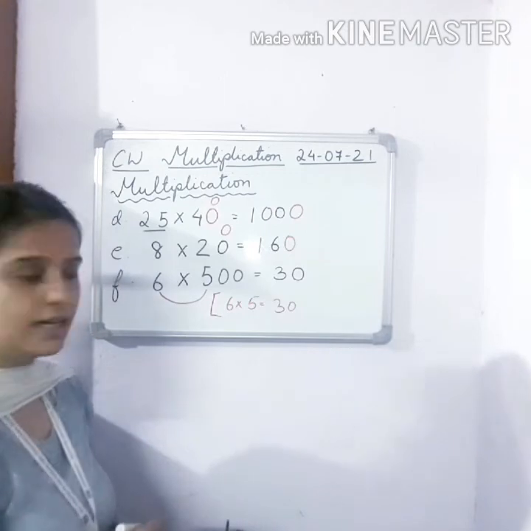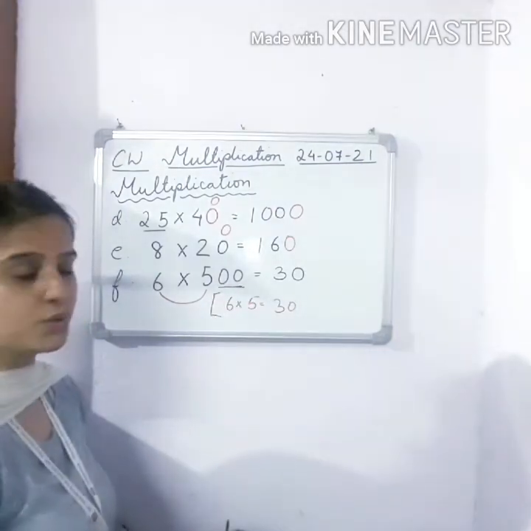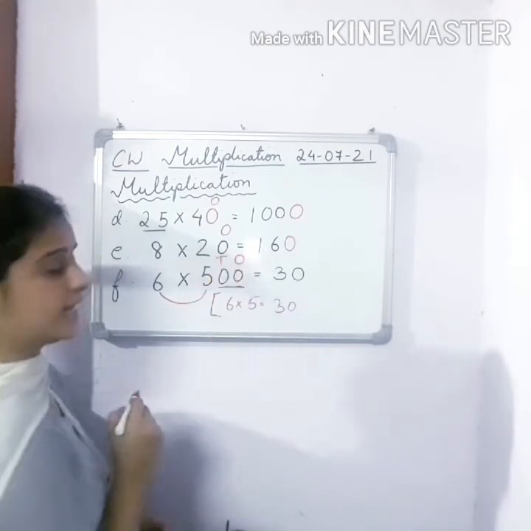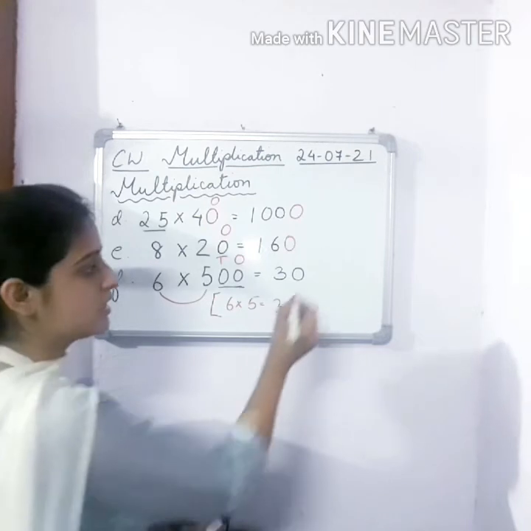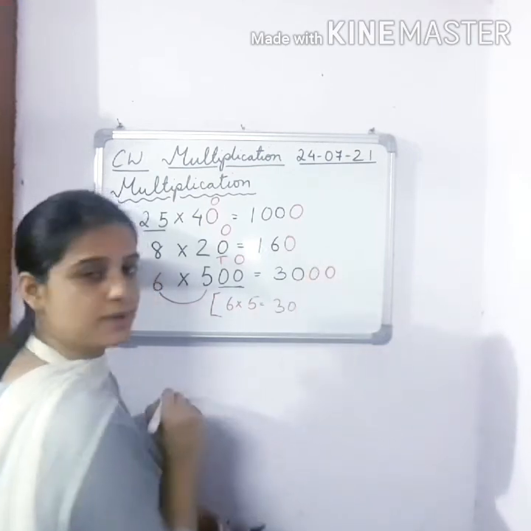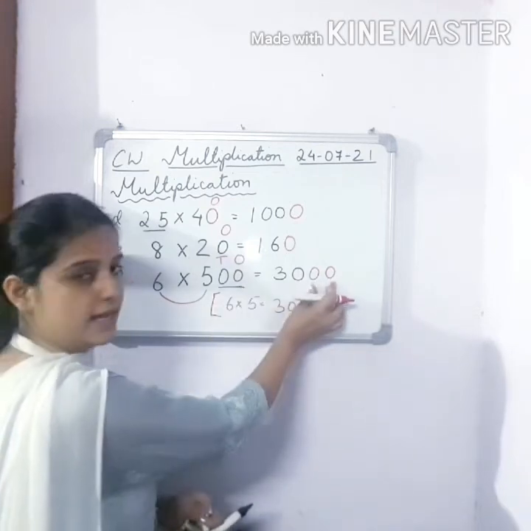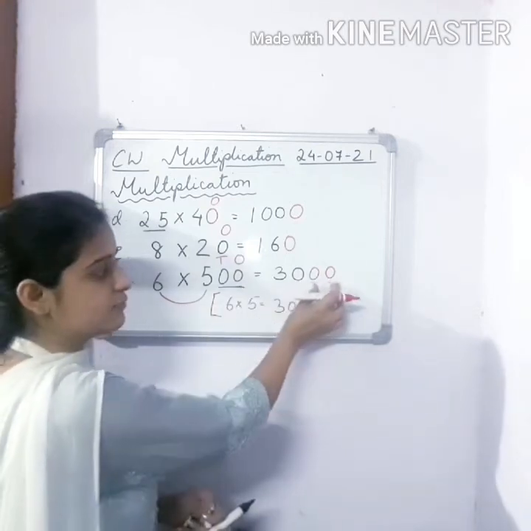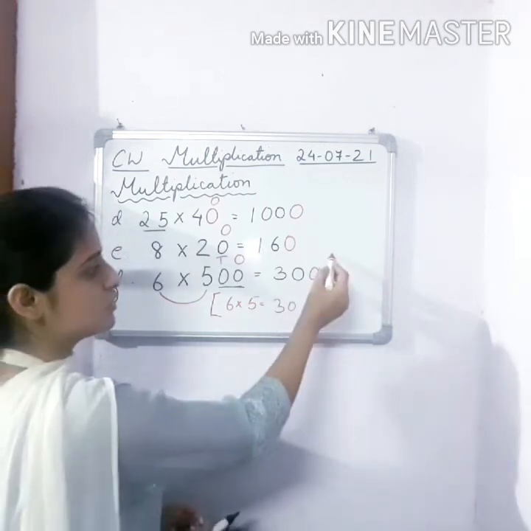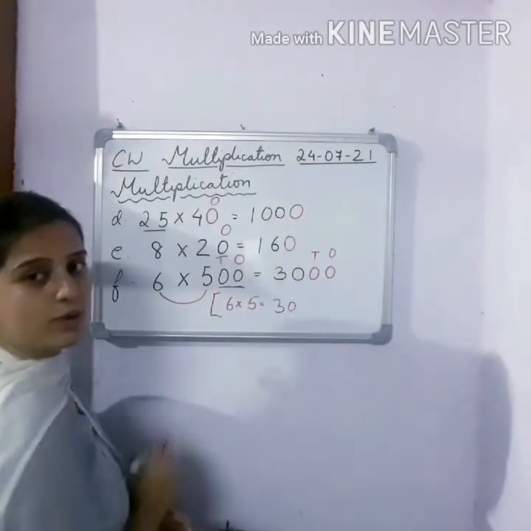And how many zeros remain, children? 2 zeros, right? And these zeros are in which place? Tens and ones. So we will put these zeros at the end. This 30 is followed by these 2 zeros in tens and ones place.